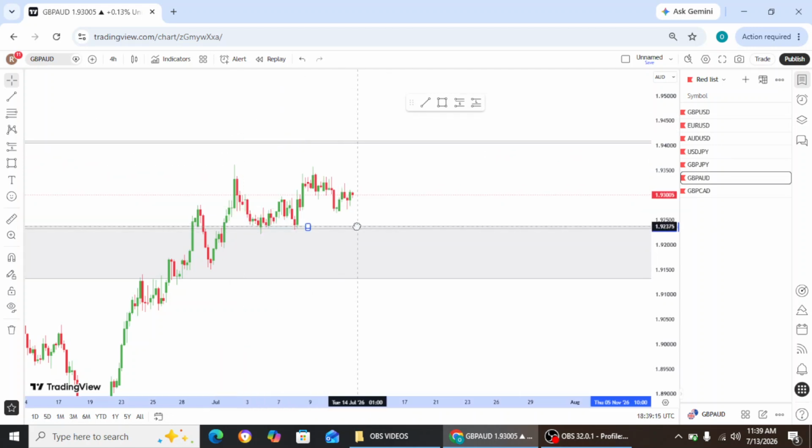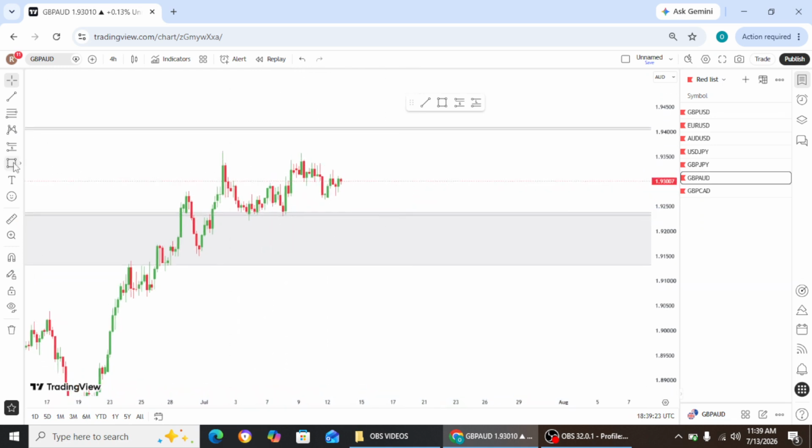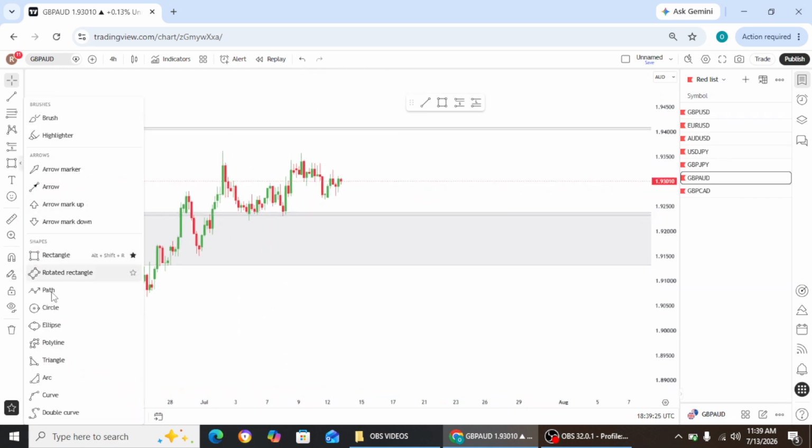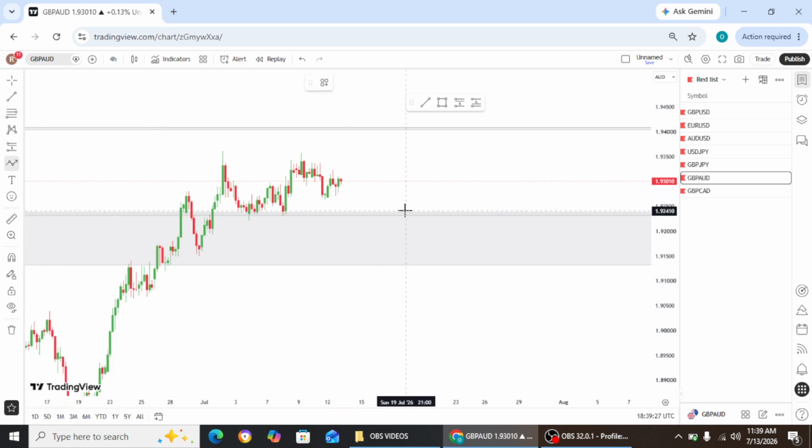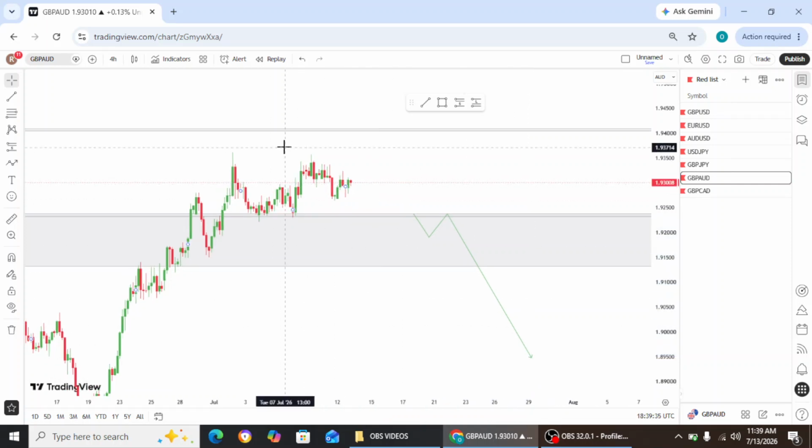This level is very significant because the market bounced back from this level twice. So to sell this pair, you should wait for the market to break out of that level. You should wait for something like this: break from this level, retracement, then you can take a sell trade to the downside. So this is what I'll be doing.